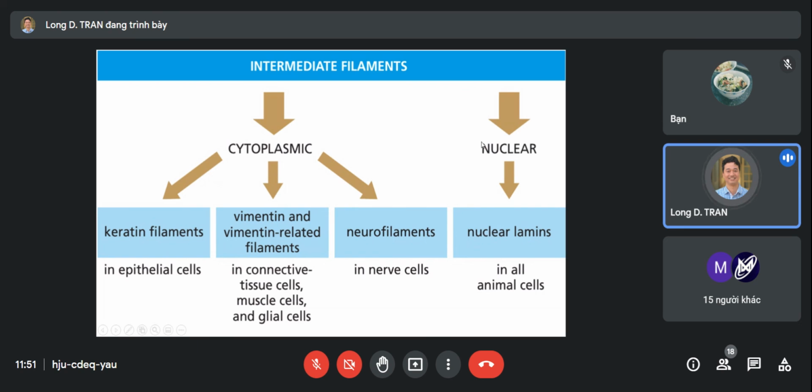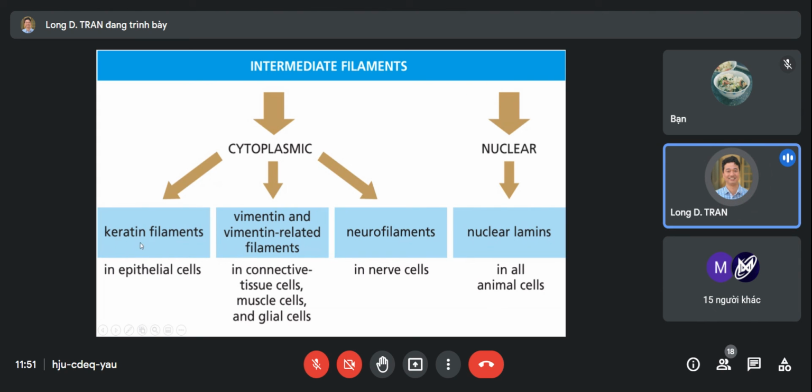Nuclear intermediate filaments are observed in all eukaryotic cells, but cytoplasmic intermediate filaments are only observed in animal cells, and only in some types of animal cells. For example, keratin filament is only observed in epithelial cells.